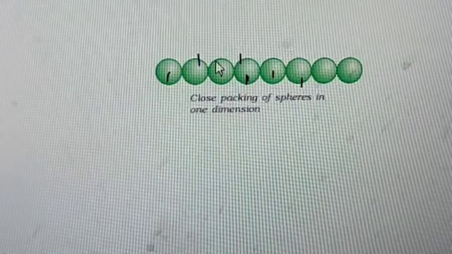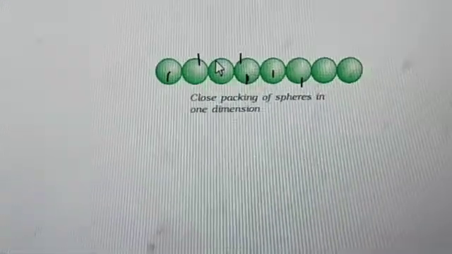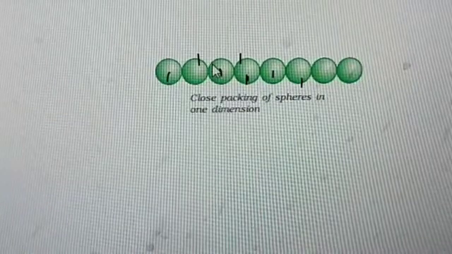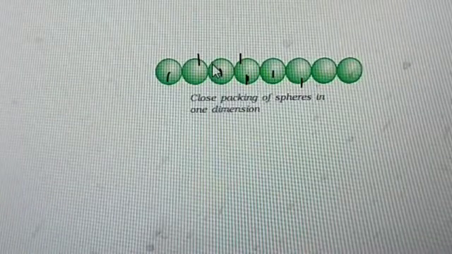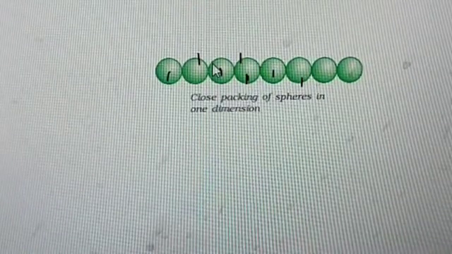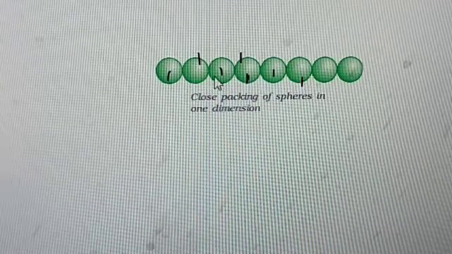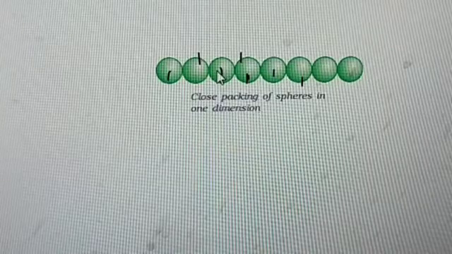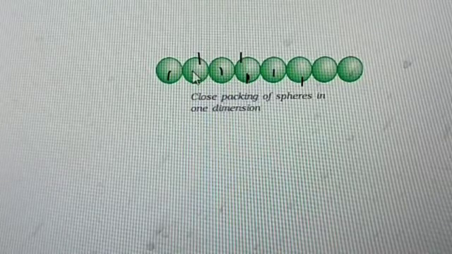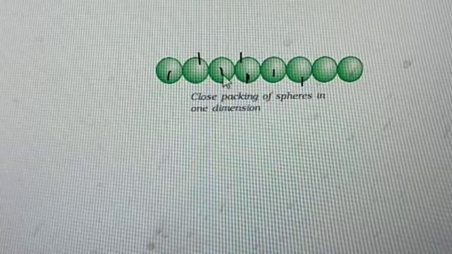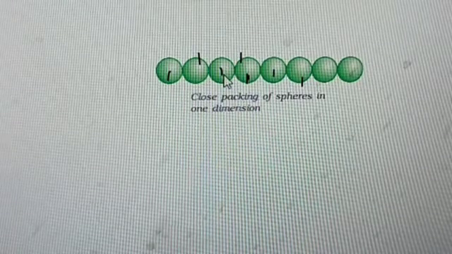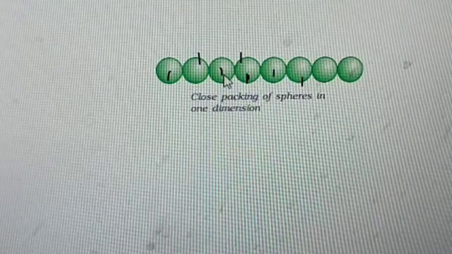That particular number is nothing but its coordination number. Coordination number means the number of nearest neighbors, or simply the number of adjacent particles for a particular atom in a crystal lattice or in a close packing.